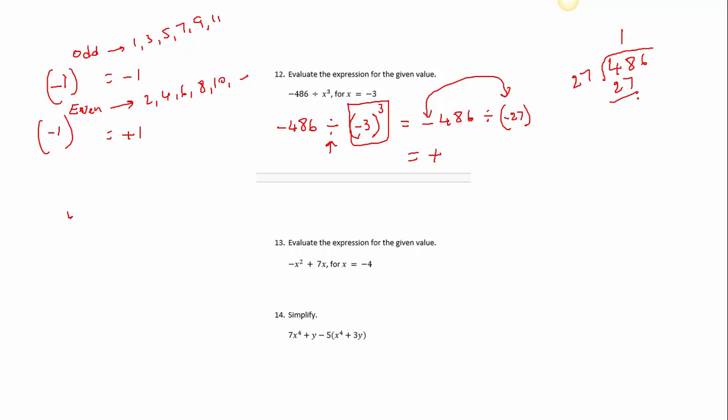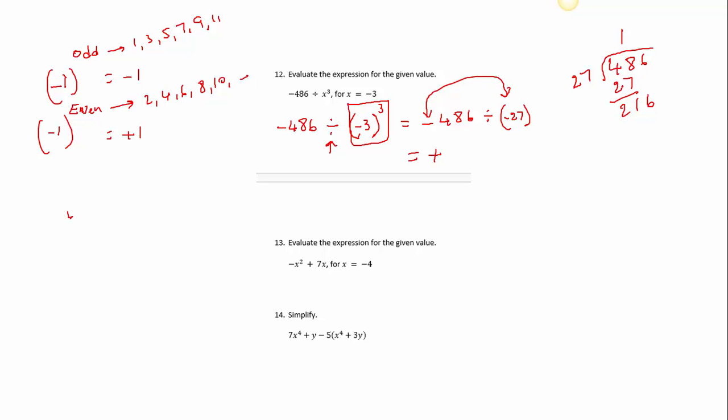Remainder 21. Bring down the 6. So we have 216 divided by 27. Let's try 21 divided by 2. Is it 9? 9 times 7, 63. 9 times 2, 18, and 3, 21. So that works.